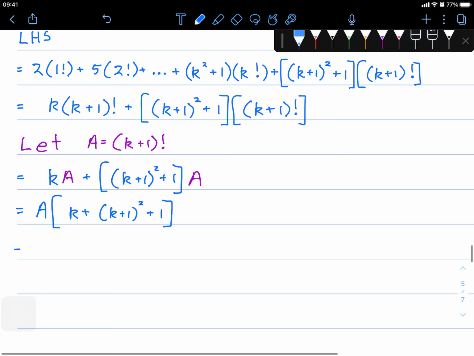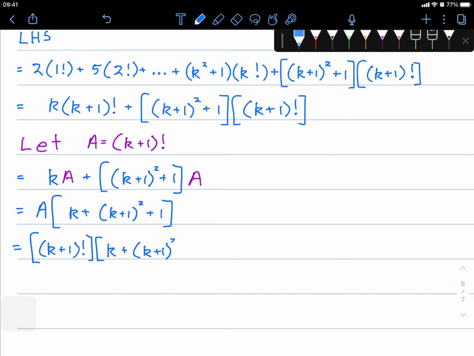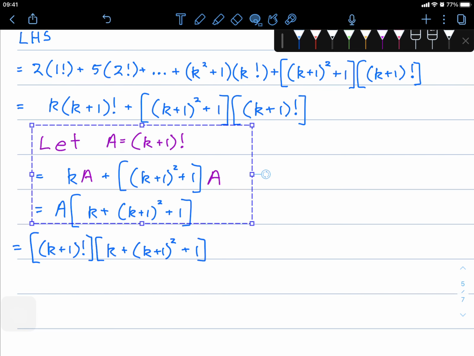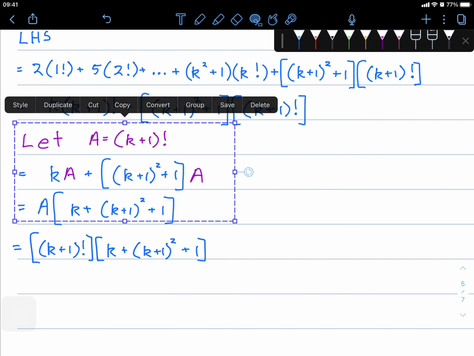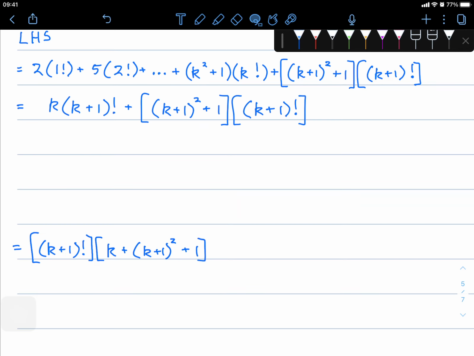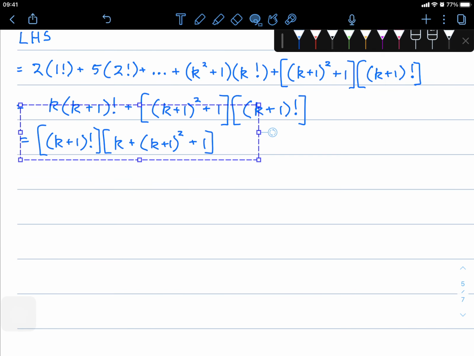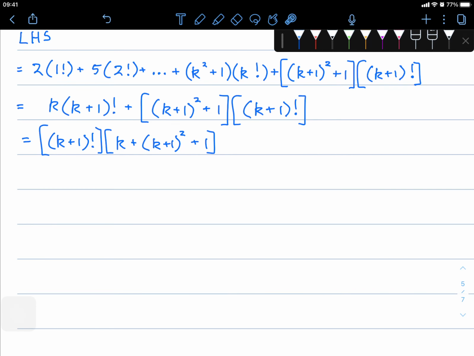In short, I'm writing it like this: it's going to become k plus 1 factorial times k plus 1 squared plus 1. Everything here that I've written, you can skip that step, but if it helps, you can write that out. For this, I'm going to leave it out, and hopefully you can see how I made that factorization.